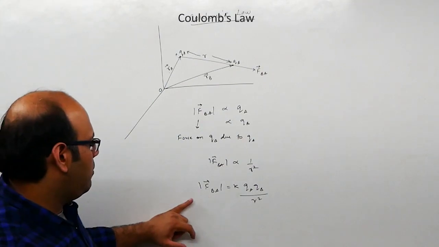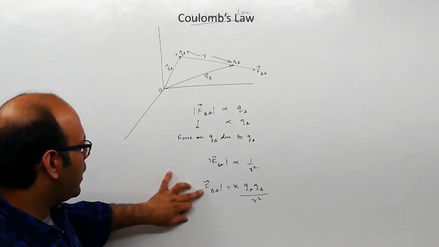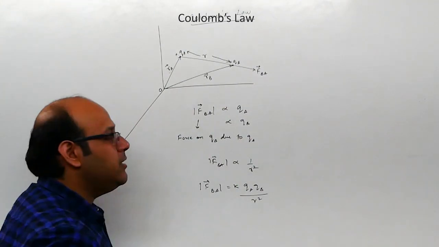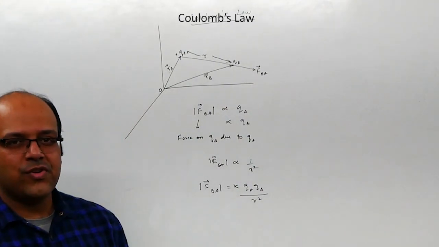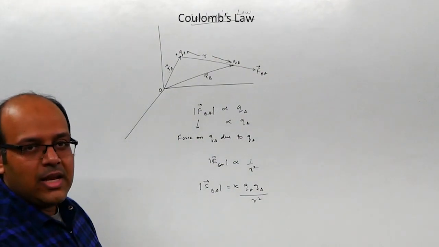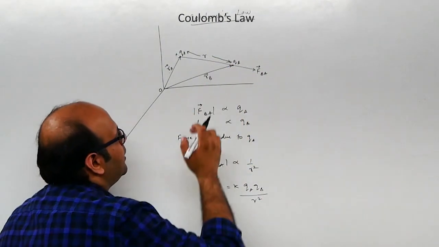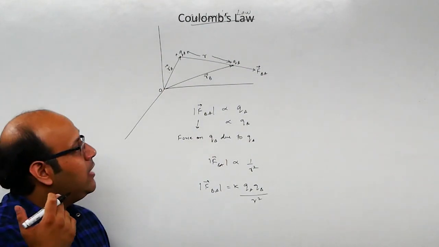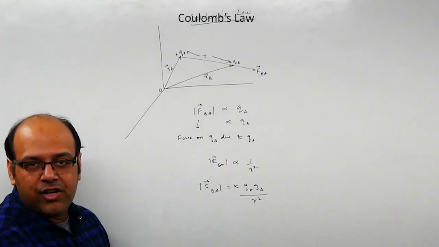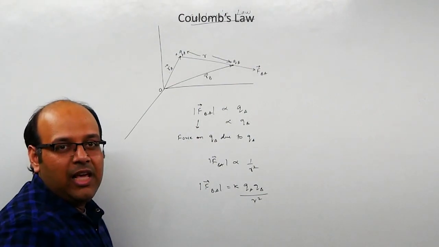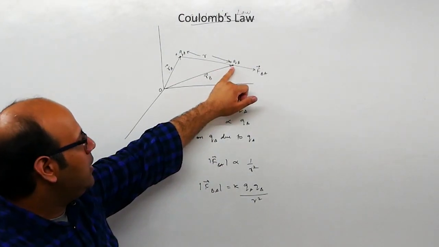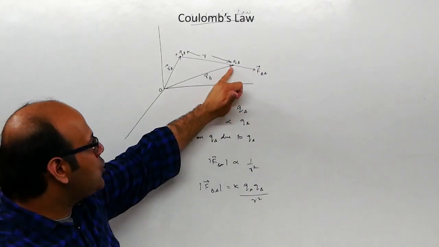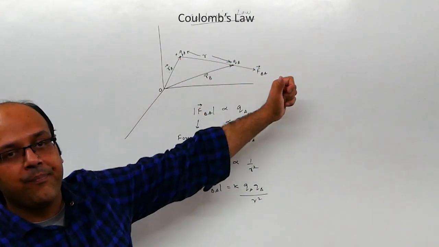Now since we are talking about force, we need to understand that force is a vector quantity and of course it will have some direction. From our knowledge of vectors, since both are positive charges, they are going to repel each other, and therefore the force on QB will be in a direction away from QA.